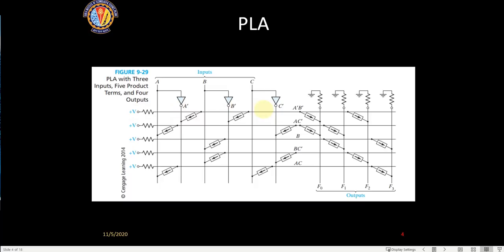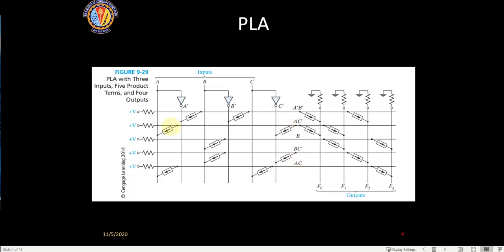So essentially this line can be called the A bar B bar line. Is it okay? Yes, I got it. By connecting these two lines we have implemented an AND function, which is the A bar B bar AND function. This is just an example of these functions.